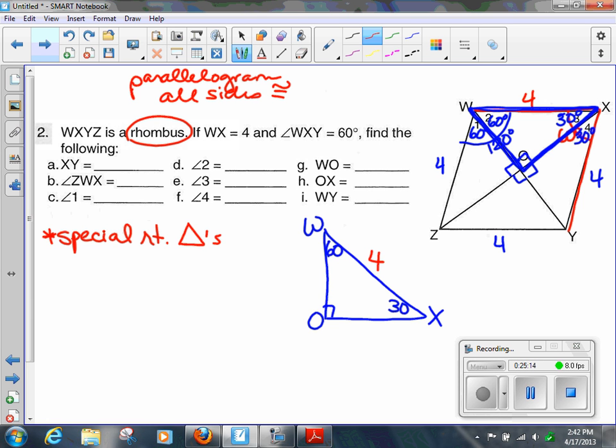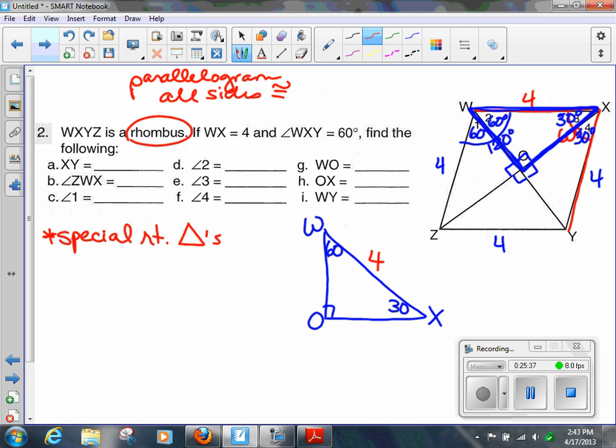First of all, where is the short leg? Is it WO or OX, the short leg of that triangle? What is it, Summer? Why? It's opposite the 30 degrees. Now listen.